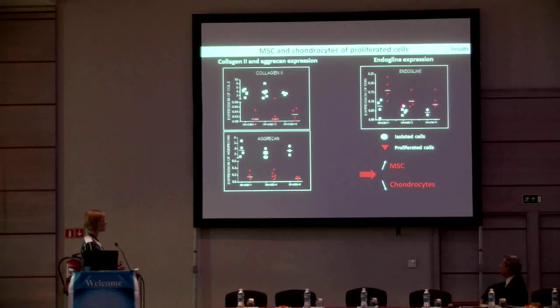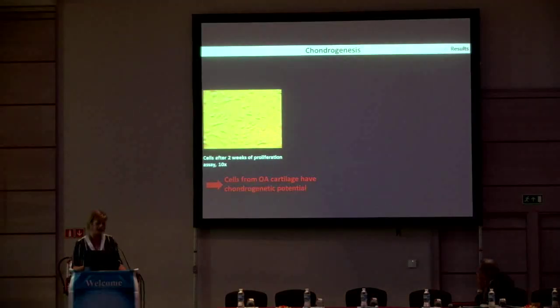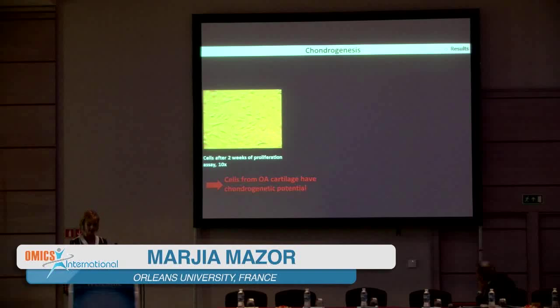While if you take a look at endoglin, marker of mesenchymal stem cells, you can see an increase of this marker after proliferation compared to the isolation. And based on this, we can say that the total number of mesenchymal stem cells actually increases after proliferation, while the chondrocytes decrease.